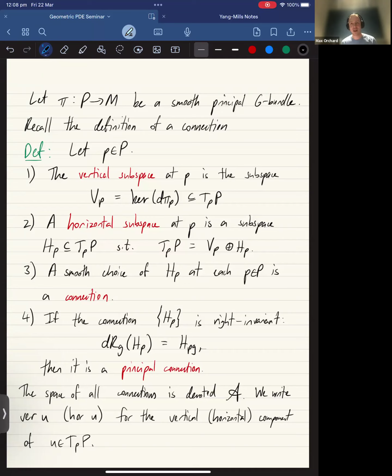If you have to keep track of all these subspaces of the tangent space, it can get a little bit not nice to work with. So the goal of this first part of the talk is to describe a more concrete way of looking at connections. And the way that we're going to do this is with something called a connection form. Connection forms.